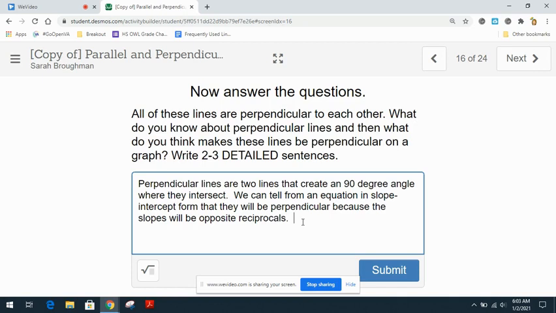One slope will be positive and the other negative, and the fraction for the slope is flipped.